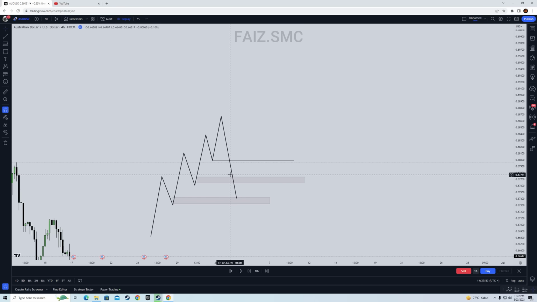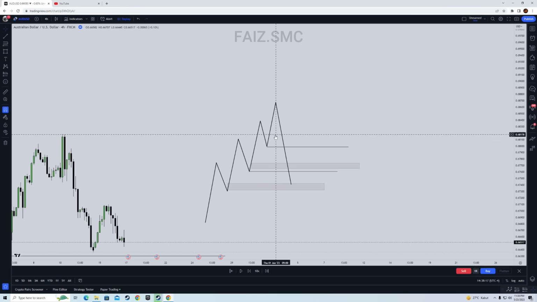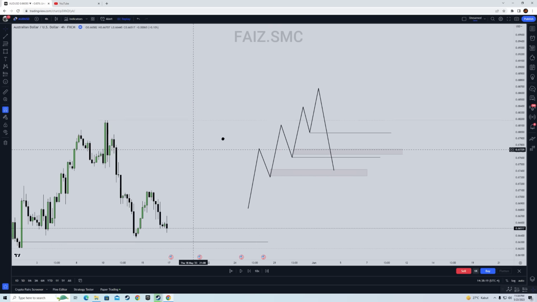It is not 100% confirmed that price is only going to react off the first leg here, which is the higher high, higher low, higher high. Price takes out this low, then takes out this low, and it can react off this level here. So you have to look for confirmations on your lower time frame, but you must not take your entry from the first leg here.